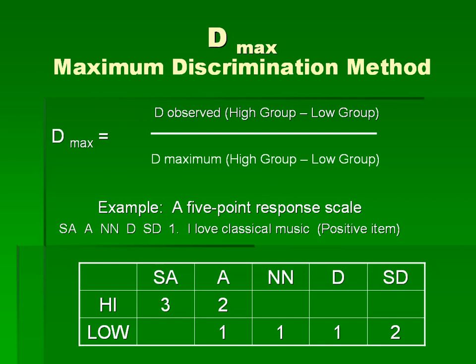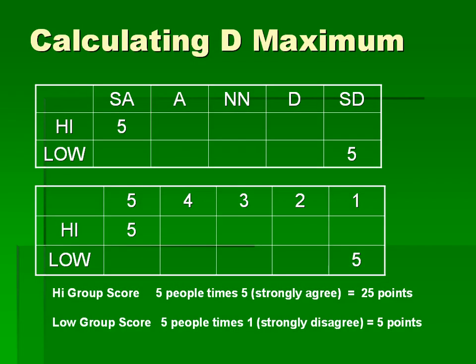In the high group, we had 3 people who strongly agreed with the item and 2 people who only agreed. And in the low group, we have 1 person who agreed, 1 person who neither agreed nor disagreed, 1 person who disagreed, and 2 people who strongly disagreed that they loved classical music. So that's the D observed.